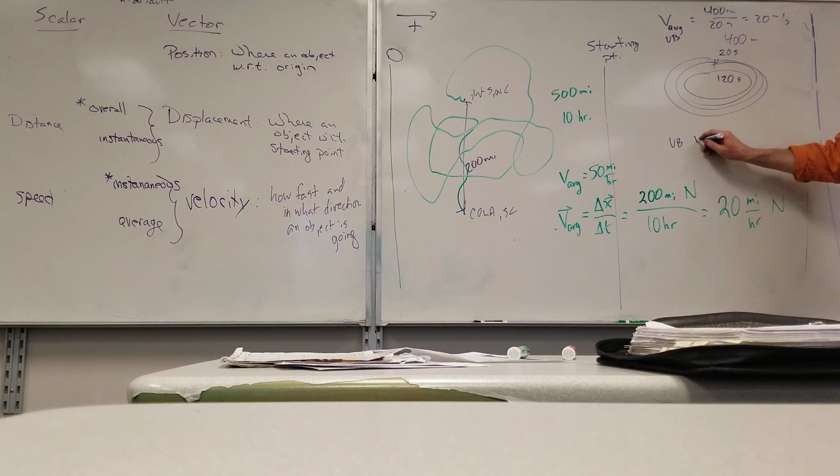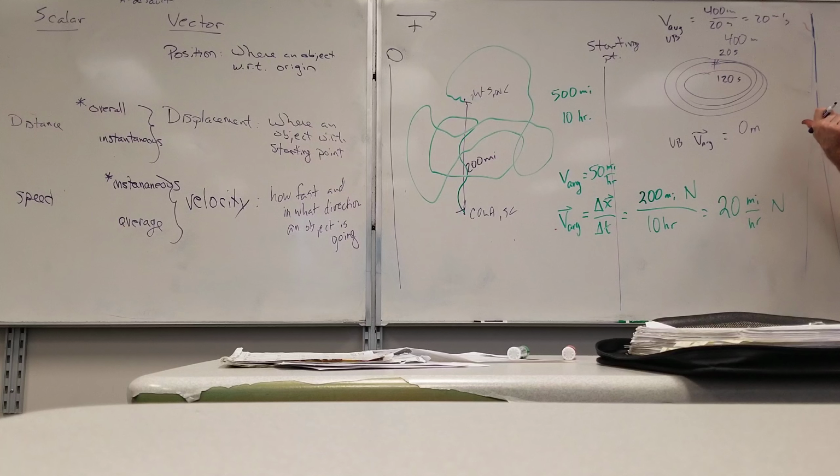Usain Bolt, average velocity. What's his displacement when he finishes? 0. What direction? 0.